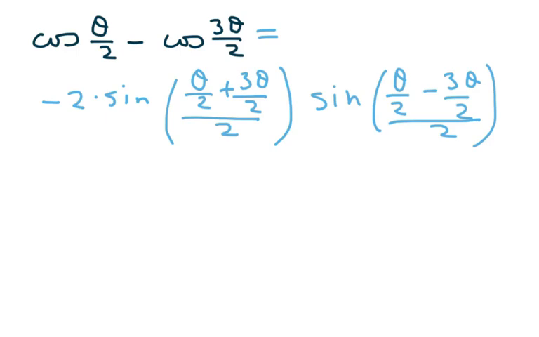And this yields negative 2 sine of 4 theta over 4. Remember, you can just multiply those two.